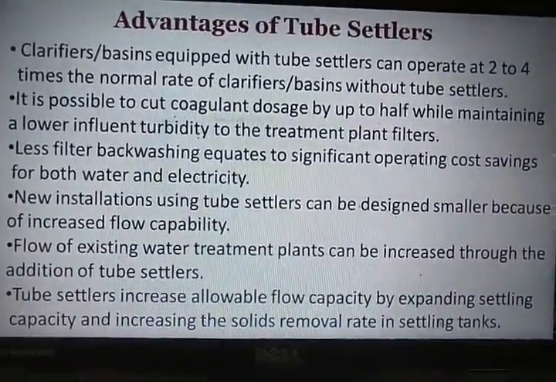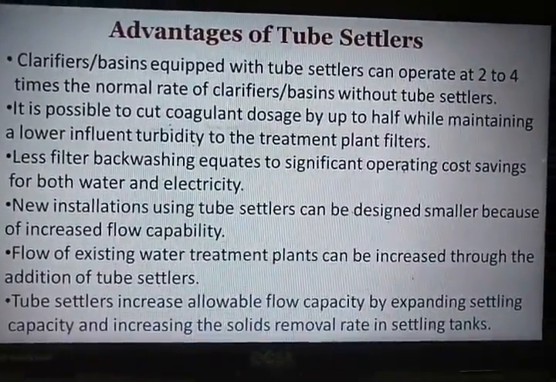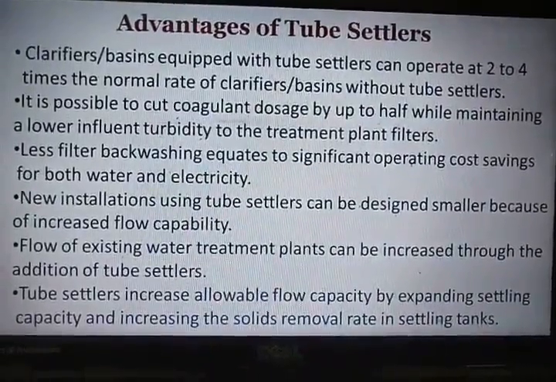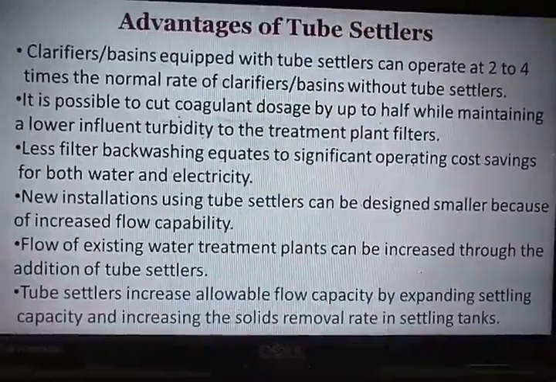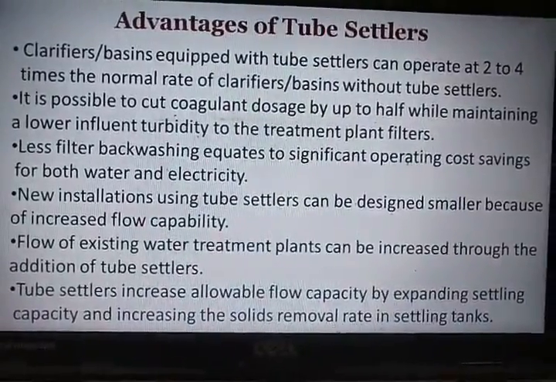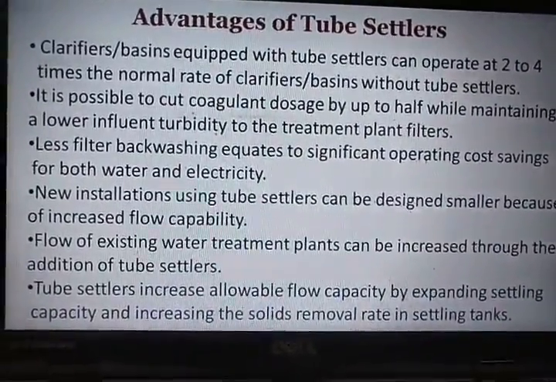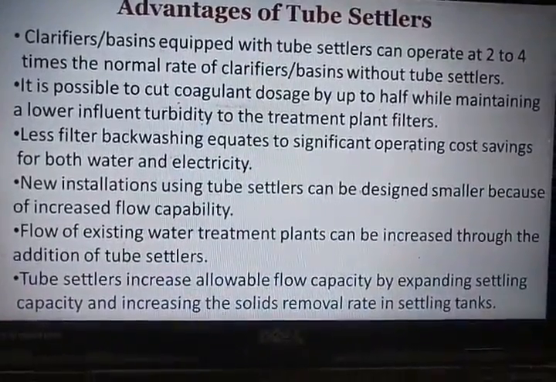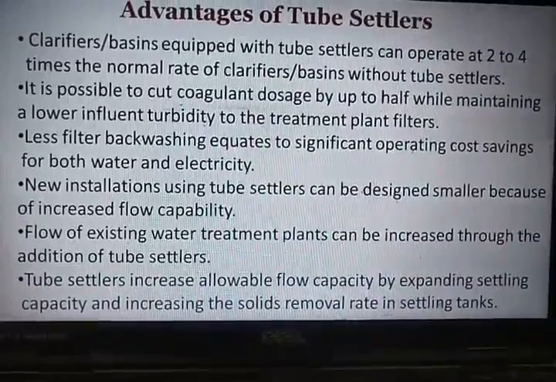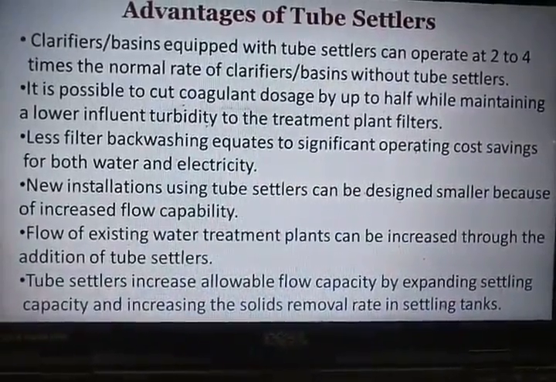And new installations using tube settlers can be designed smaller because of increased flow capacity. That is, this requires less area compared to the conventional clarifiers. Then the flow of existing water treatment plants can be increased through the addition of tube settlers.